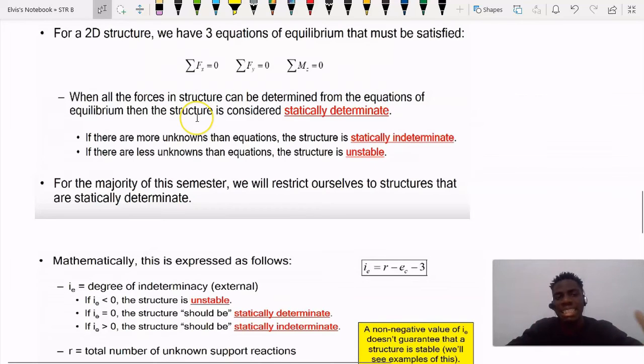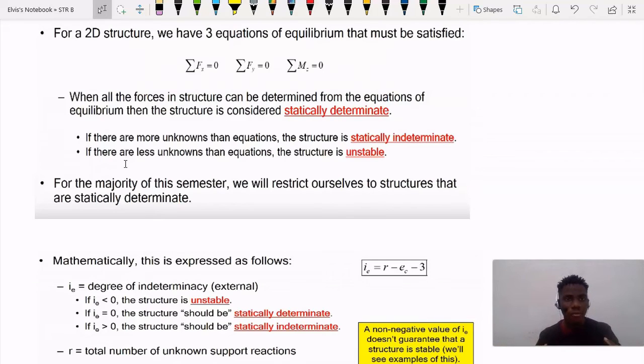Now, guys, if there are more unknowns than equations, the structure is statically indeterminate. If we have more unknown forces than the 3 equations of equilibrium, the structure is going to be statically indeterminate. If there are fewer unknowns than equations, this structure is going to be unstable.